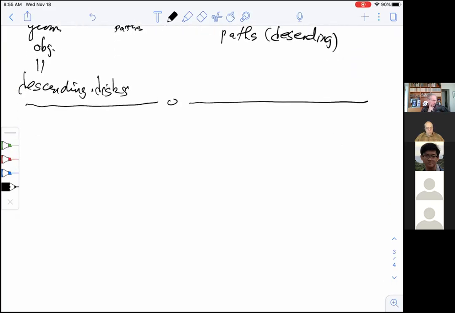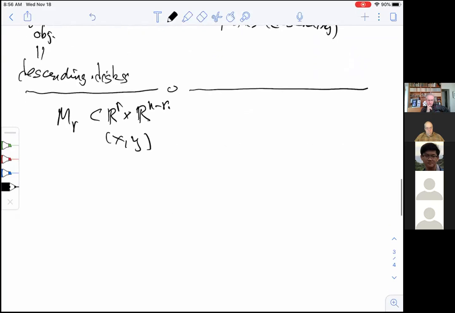So we're considering embeddings. So our model, MR, is in Euclidean R space, cross Euclidean N minus R space. This is one of the Morse models. We have coordinates X and Y here, an R tuple and an N minus R tuple.